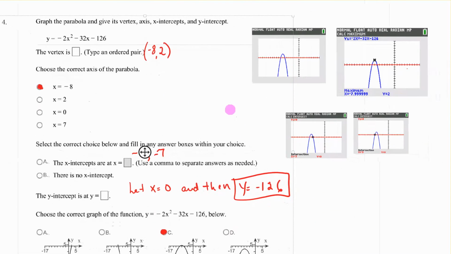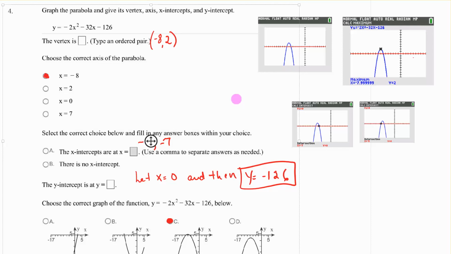So number 4 is exactly the same. I'm not going to do that one on the calculator, but I do have the screens here for you. When we put that one in, you would put in y1 equals -2x squared minus 32x minus 126.